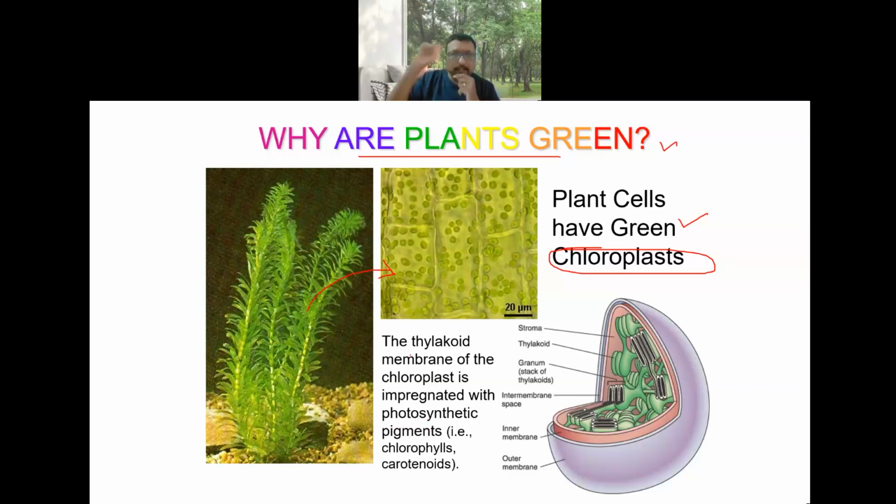Here you can see one chloroplast enlarged. This is how it looks. Chloroplast is the largest cell organelle present inside a plant cell. The thylakoid membranes of the chloroplast are impregnated by photosynthetic pigments, that is chlorophylls and carotenoids. These chlorophylls are green color pigments present inside the thylakoid region of the chloroplast.